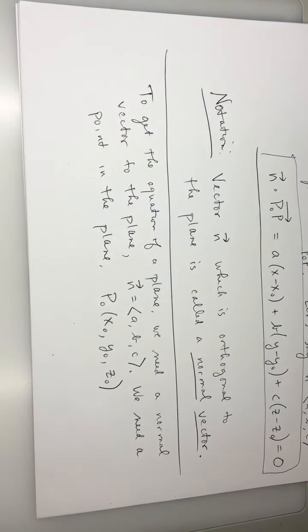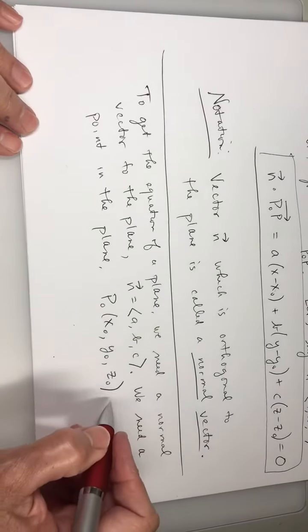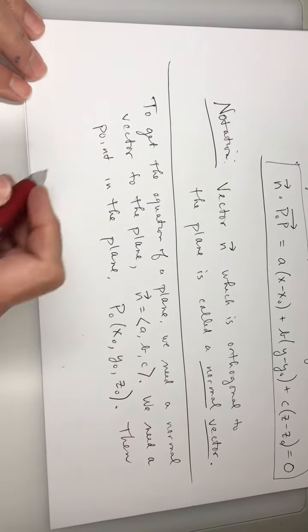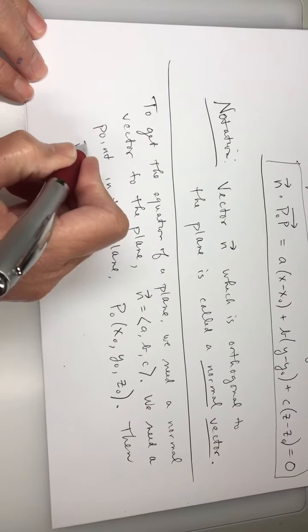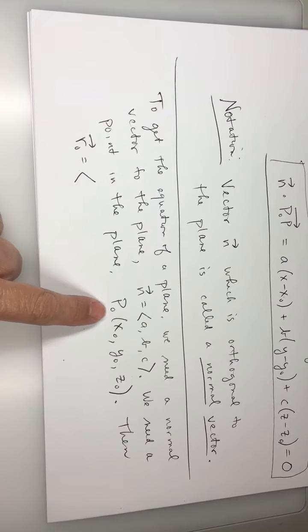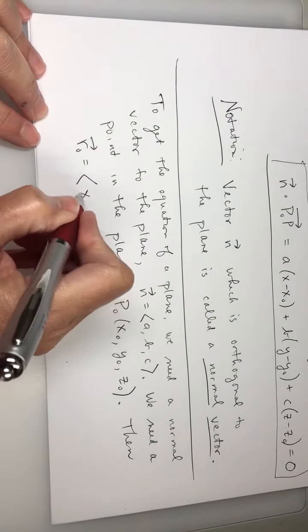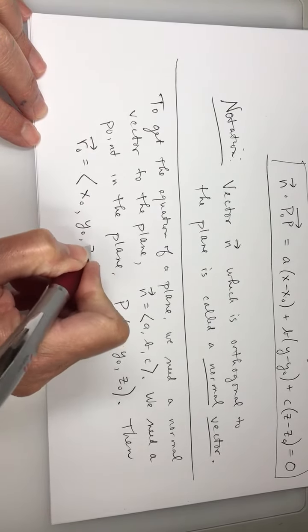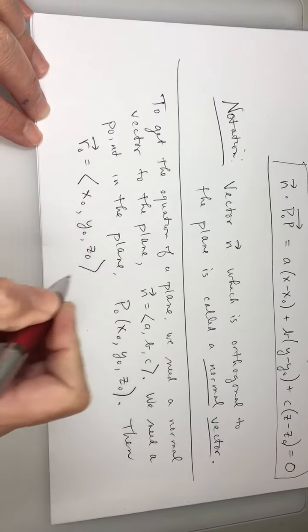And in the book, what they do is they get the position vector that has terminal point p sub 0. So I'll just say then vector r sub 0, which would be p sub 0 minus the origin, would be the vector with x sub 0, y sub 0, z sub 0.